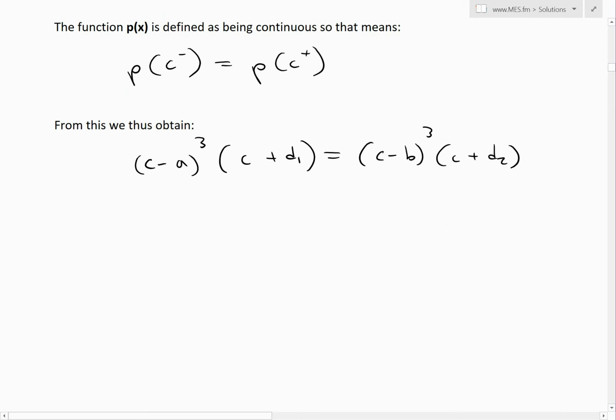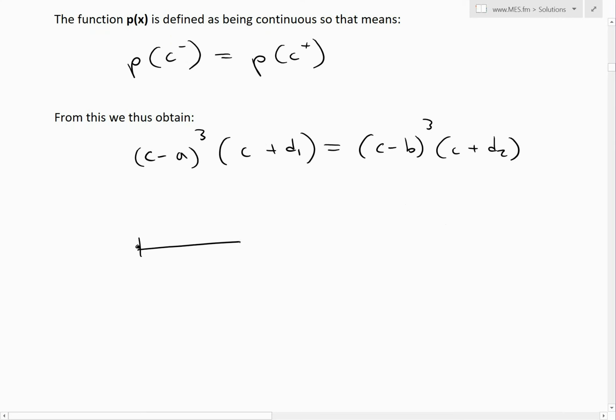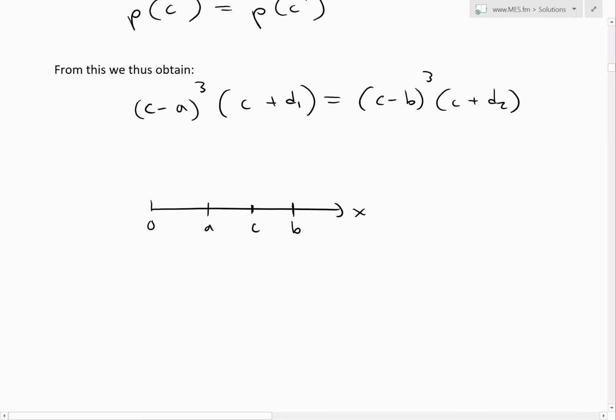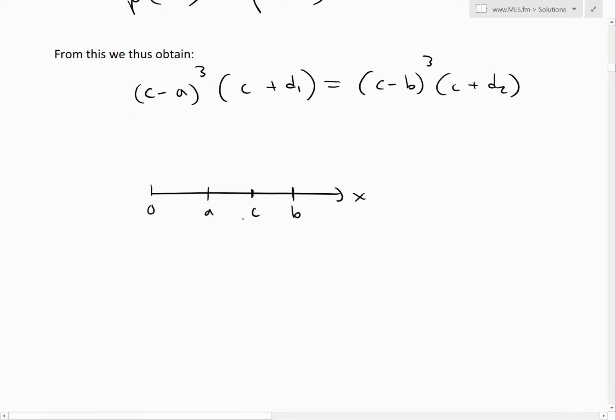Now a couple of things to note. If you have a line like this, this is 0, this is our x, this is b, this is a, and this is our c. This c is the average point across this, so c equals a plus b over 2.